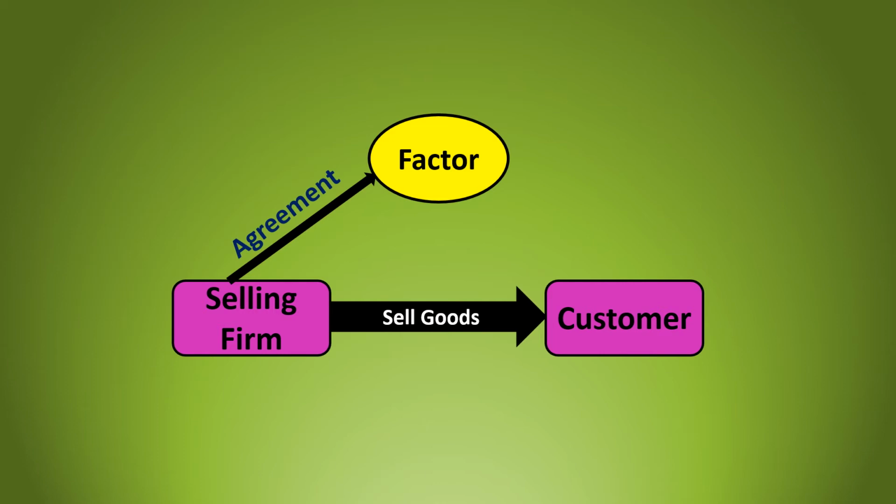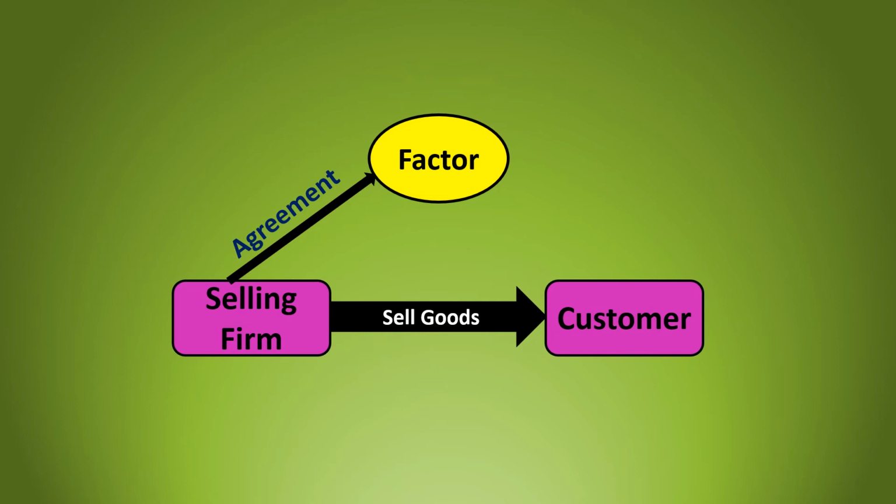As we all know, this problem arises only in the case of credit sales. In the case of cash sales, at the time of sales itself, the customer is paying cash, so there is no need of managing the receivables. But in the case of credit sales, payment will be done at a date in the future. In these cases, the services of factor firms are availed.